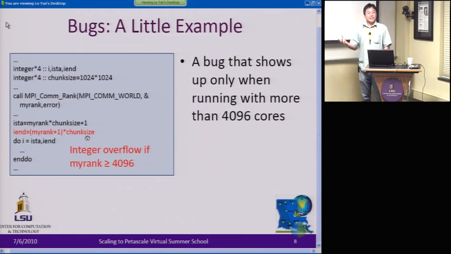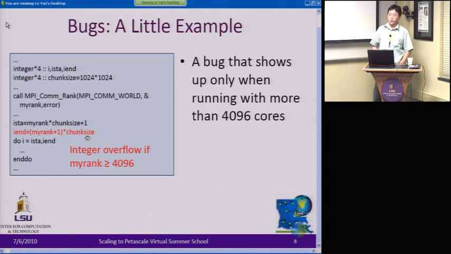This could happen because, while now you probably use an 8-byte integer or whatever, a lot of us have to deal with legacy code, and this kind of thing could happen with old code. So that's just a little example.